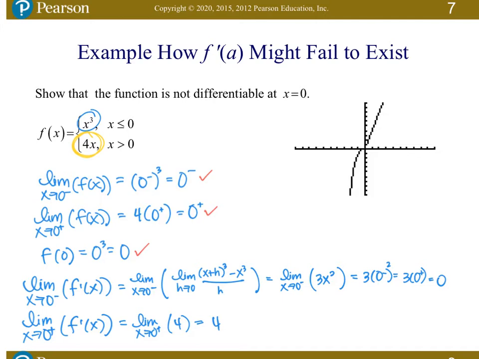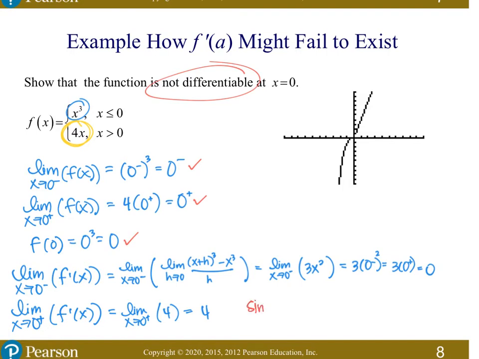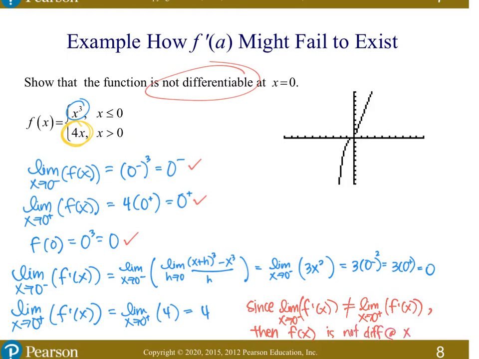Since the left-hand derivative and the right-hand derivative did not match each other, this is a not differentiable function. So we would summarize it with a good statement. Since the limit as x approached 0 from the left of f prime of x did not equal the limit as x approaches 0 from the right of f prime of x, I'm going to run out of room, but since that is true, then f of x is not differentiable at x equals 0.